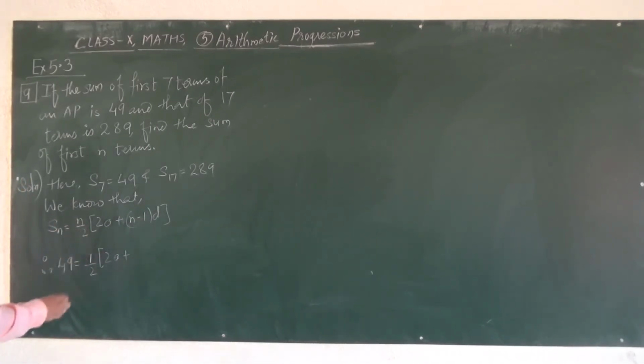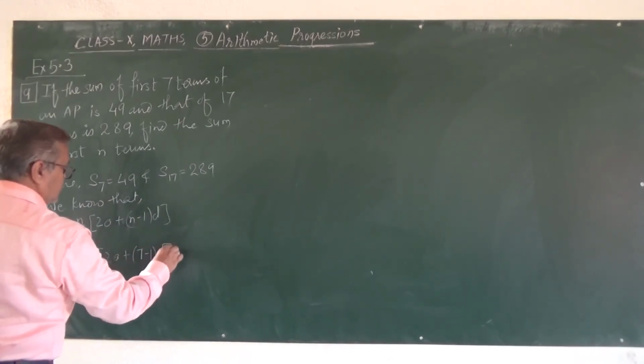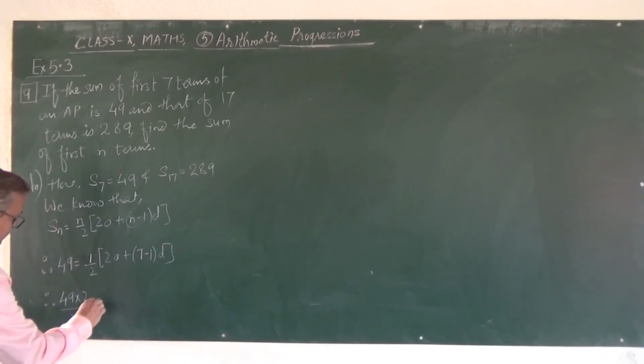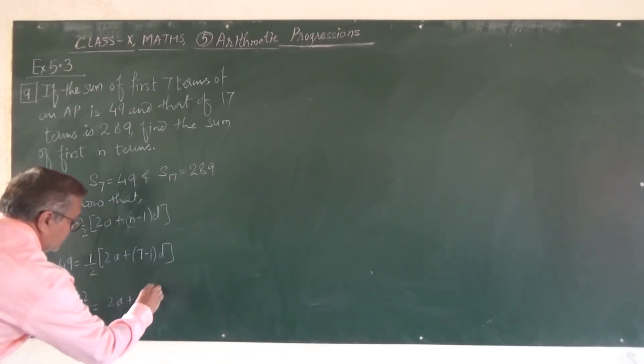So 7 by 2 into (2a plus (7 minus 1) into d). Therefore 49 into 2, and 7 I will take down, is equal to 2a plus 6d.